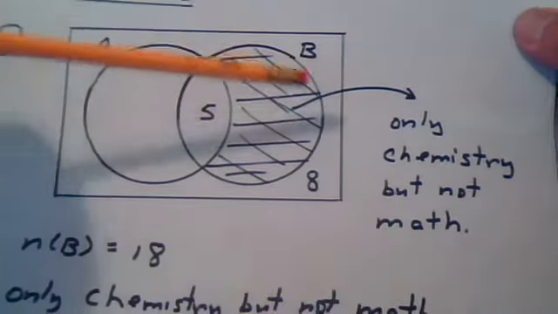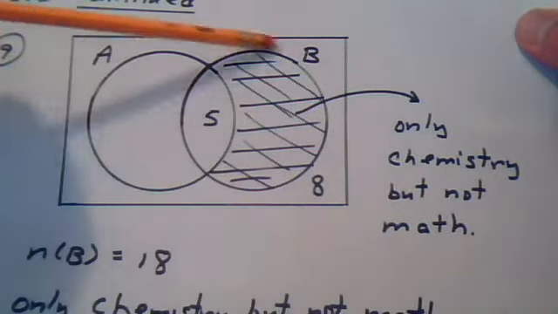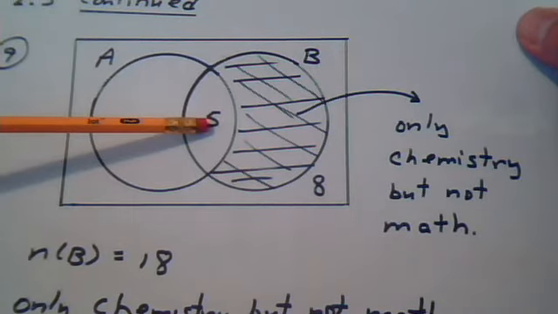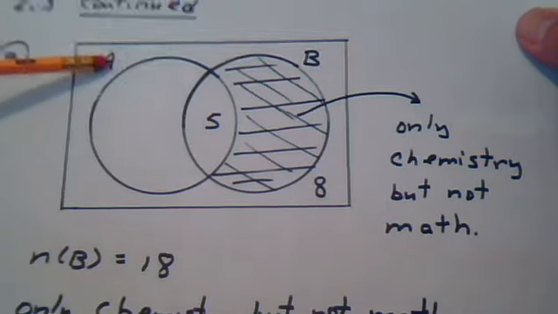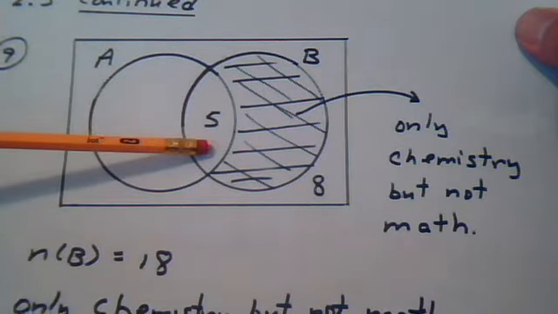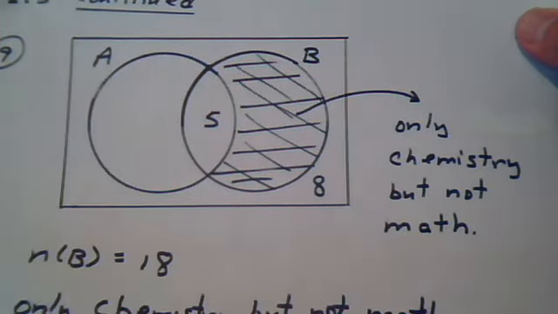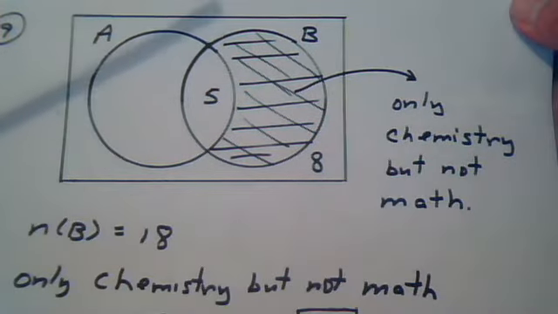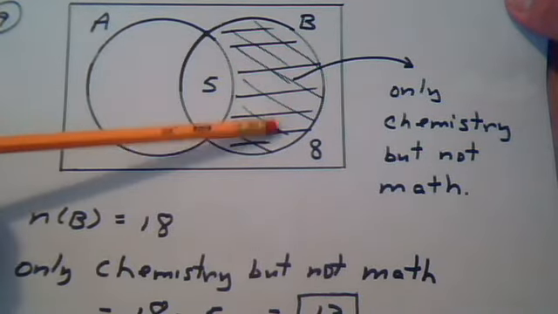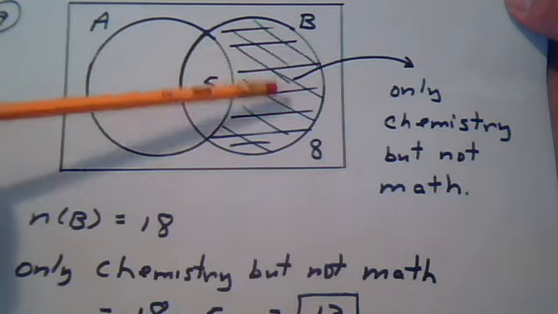Therefore, this circle right here is worth 18. This 5 are the ones that are taking both math and chemistry. They're in the intersection. This whole circle, the B circle, is worth 18. So what we want is to know how many are just taking chemistry, not math, just chemistry. So that would be the shaded area.